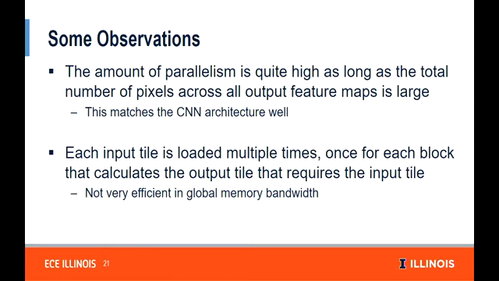So this gives us some limitation on how much we can reuse each piece of data when they are loaded into the shared memory. We are giving up some opportunities to reuse the input data when we generate these multiple output feature maps.